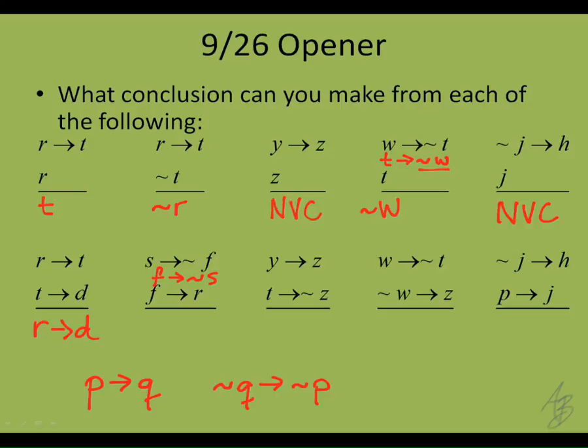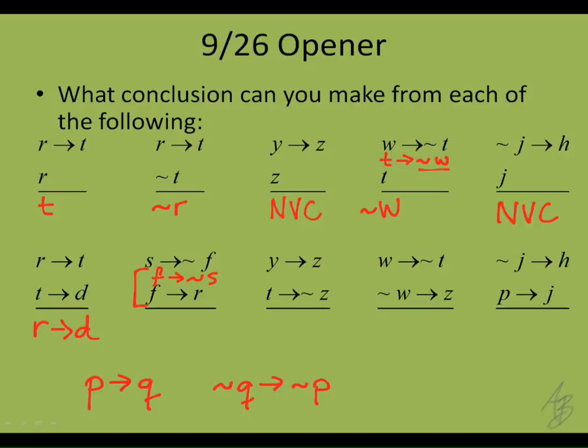Now, looking at these two right here, can we make a conclusion? Why not, Amani? Because F is a... I forgot the word for it. It's not the conclusion. It's the hypothesis, right?